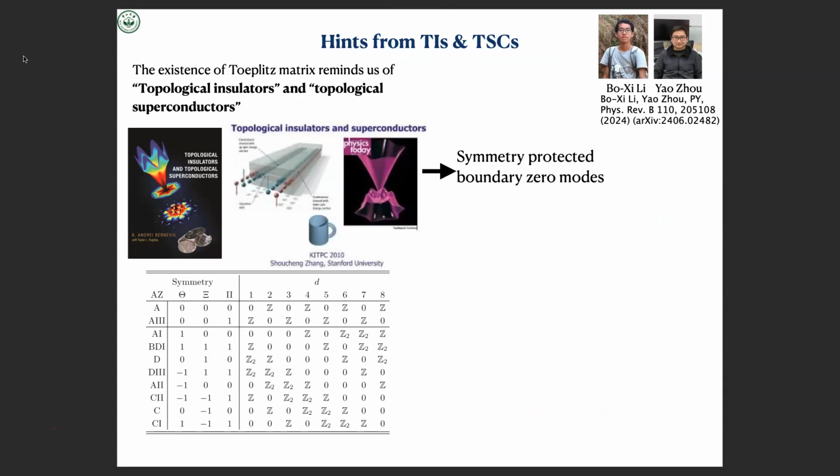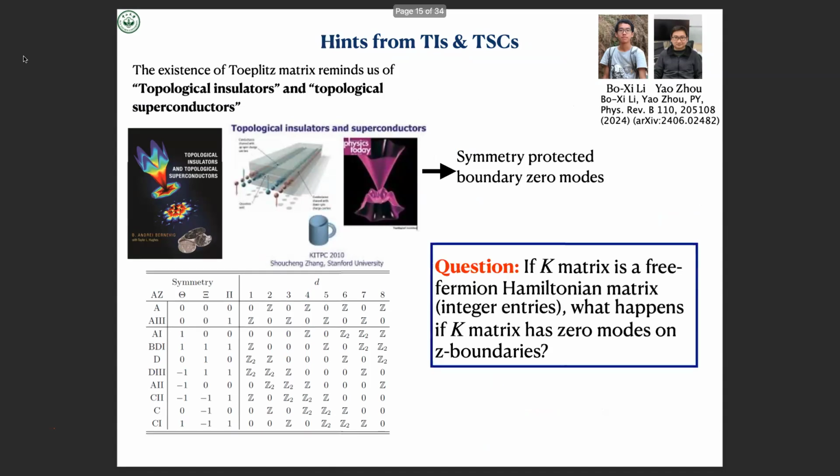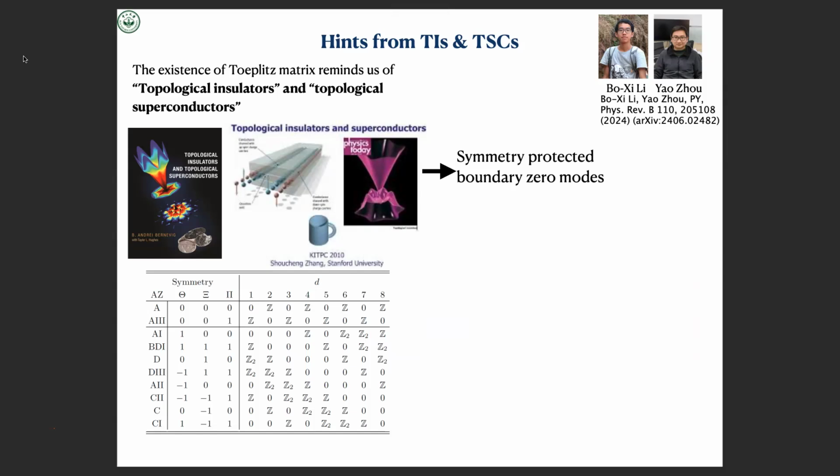It's a very well developed field. So once we have this K matrix as the Hamiltonian of a topological insulator, the question we want to ask is: are there some non-trivial boundary zero modes or edge states on the boundary that are protected by some symmetry? This is a very famous story, the periodic table classification of topological insulators and topological superconductors.